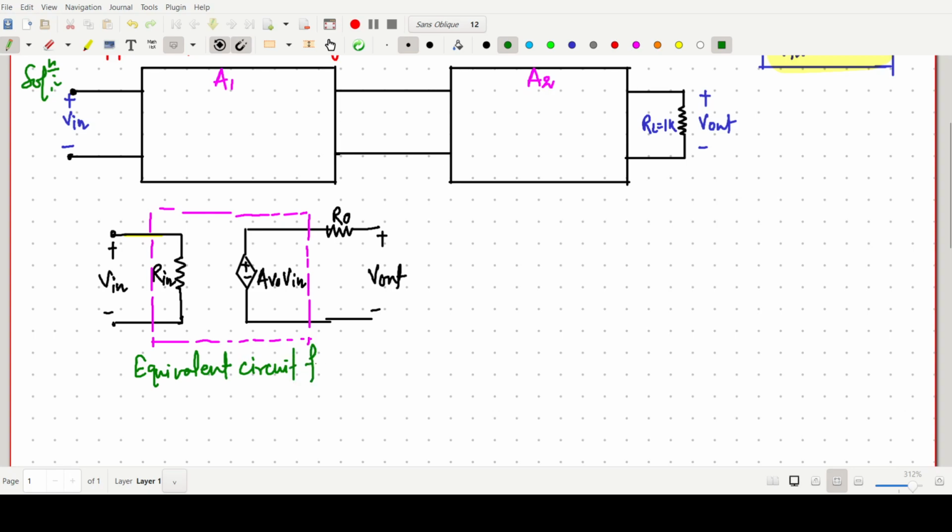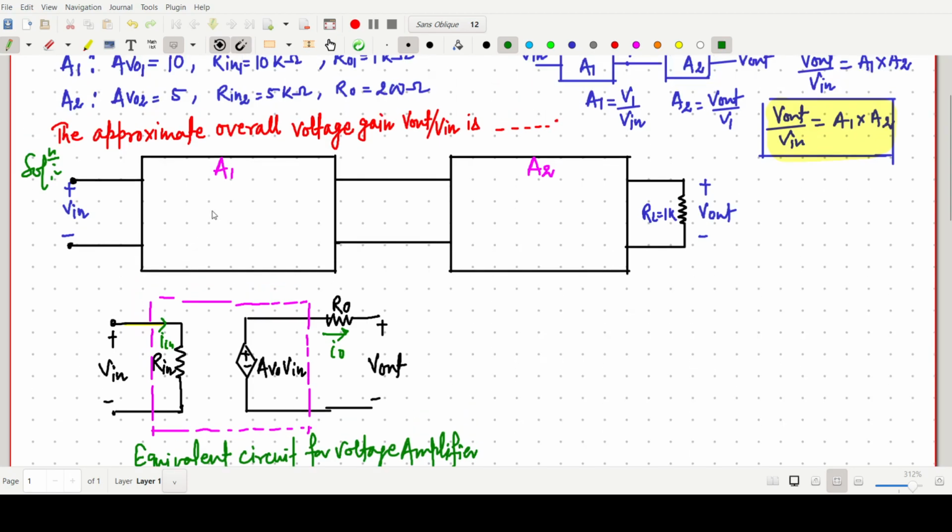Here R in is the input impedance, AV naught is the open loop gain, and R naught is the output resistance. We can say this one is I naught, I in, no need to mention.